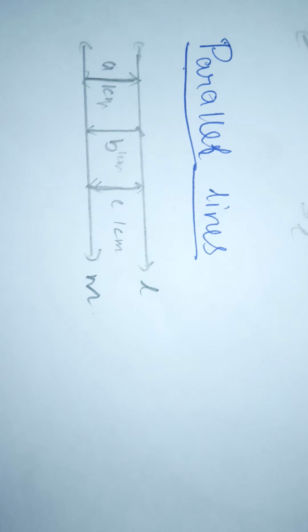Understood? So now, what we have learned: we have learned what a point is, we have learned about line, line segment, and ray, and incidence axioms on line, and collinear points.